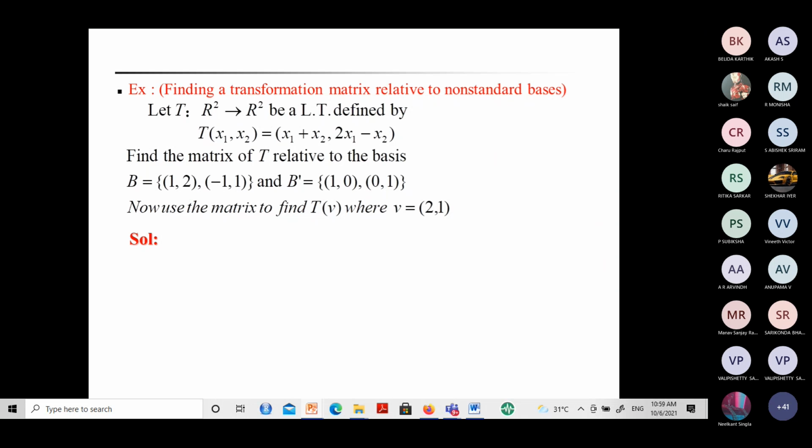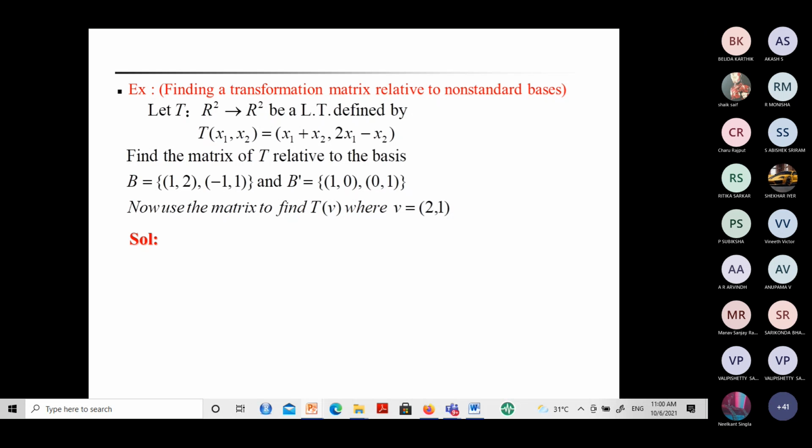We'll verify this particular statement, whatever I have written now. Okay, taken down.